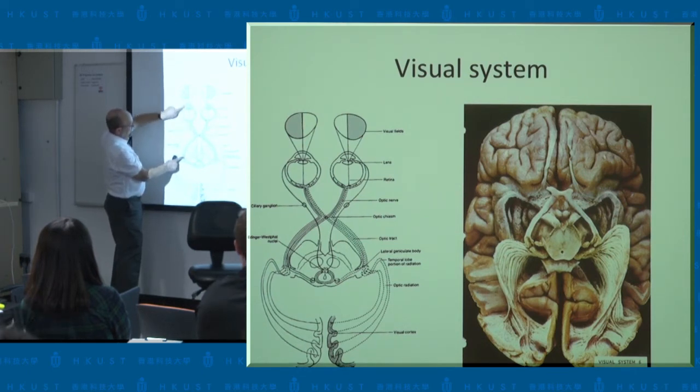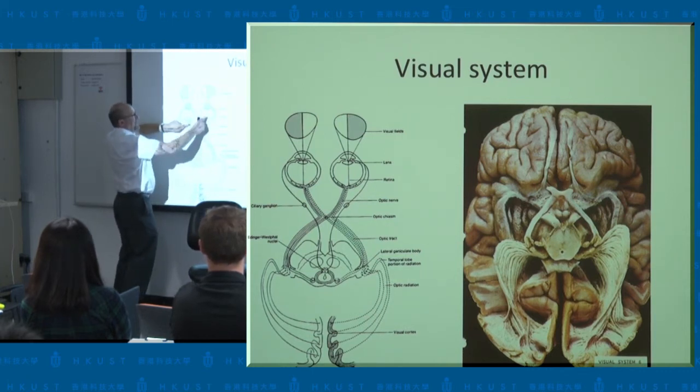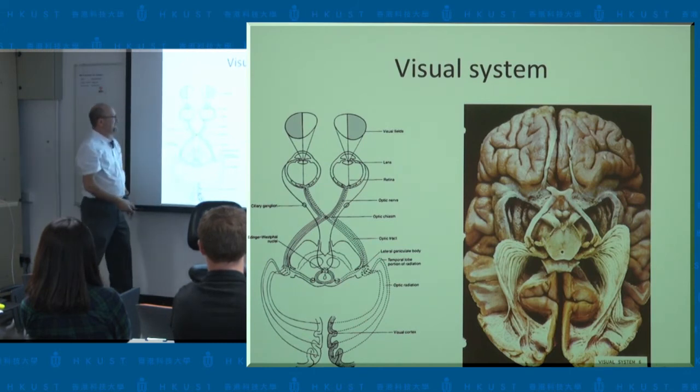But the left eye also has right side of the world that moves to the right side of the brain. The right eye has right side of the world that moves to the right side of the brain and left side of the world that moves to the left side of the brain.